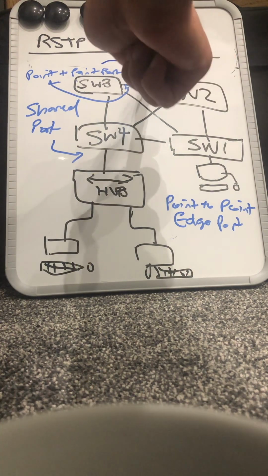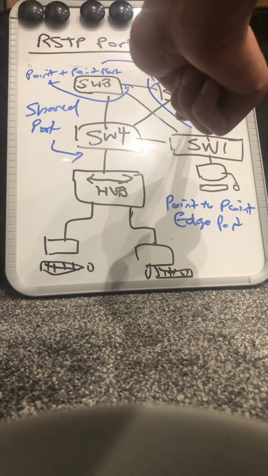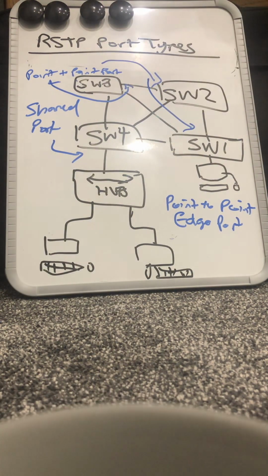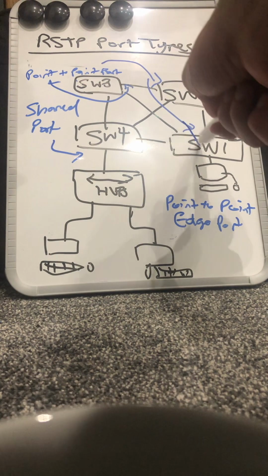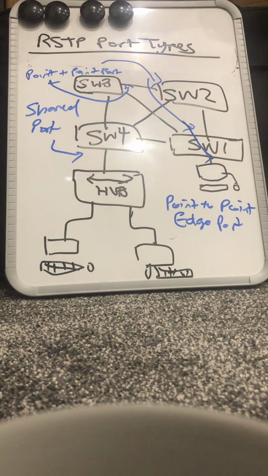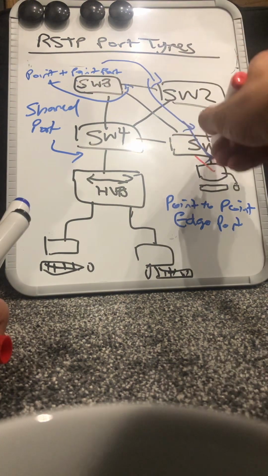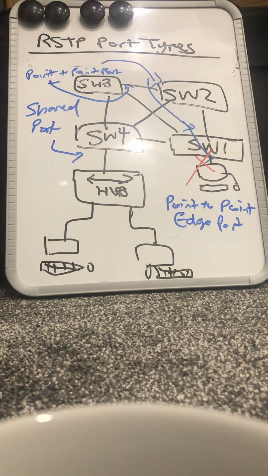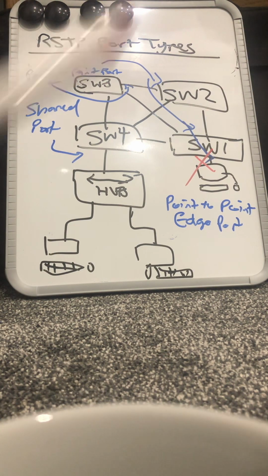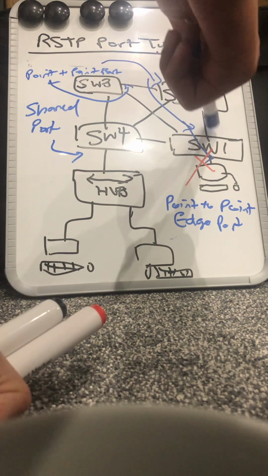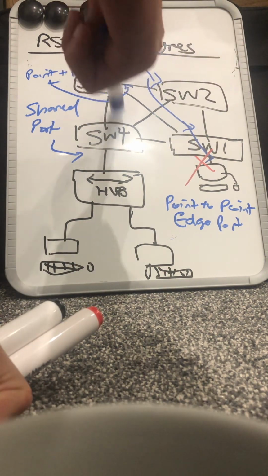But that one is not going to be a point-to-point port. So that would be a big X there, because that's connected to the client. So you've got to look. Switch 2 and switch 1 can also be considered point-to-point ports here. Switch 3 and switch 4 can also be considered.